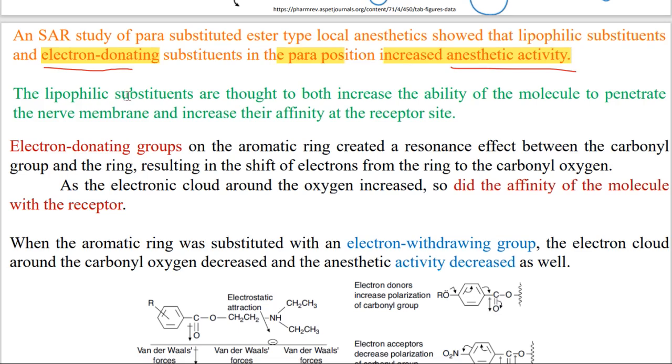The lipophilic substituents are thought to increase the ability of the molecule to penetrate the nerve membrane, and also to increase the affinity for the receptor binding site.